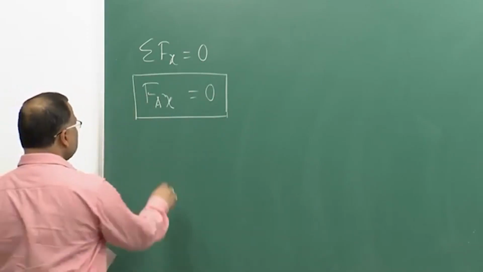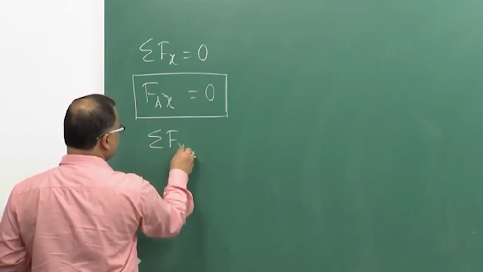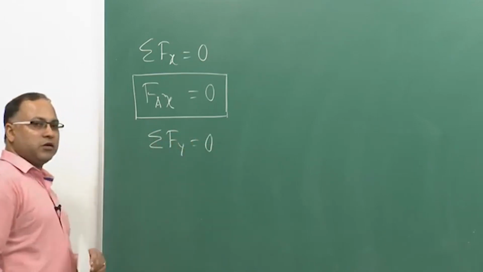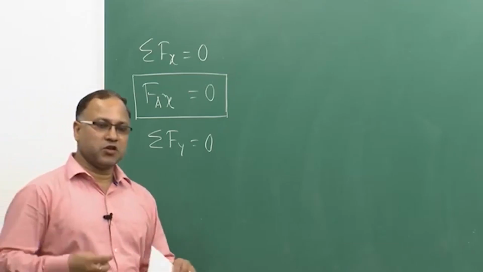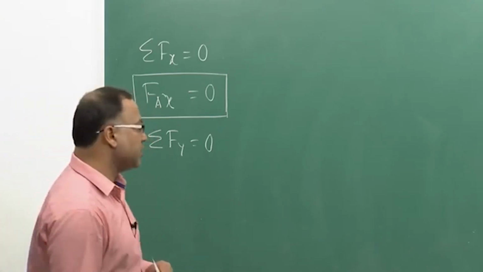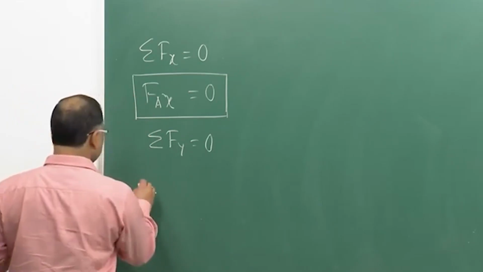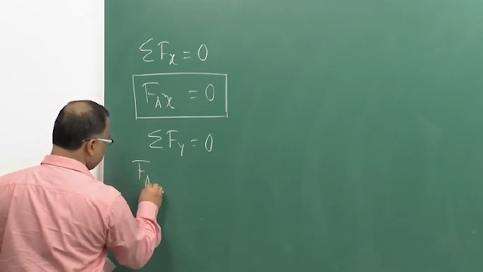Okay. Similarly, I can satisfy this condition, summation of Fy equal to 0, that means summation of all the forces along the y direction is 0. So, if I do that, then what are the forces acting in the y direction?